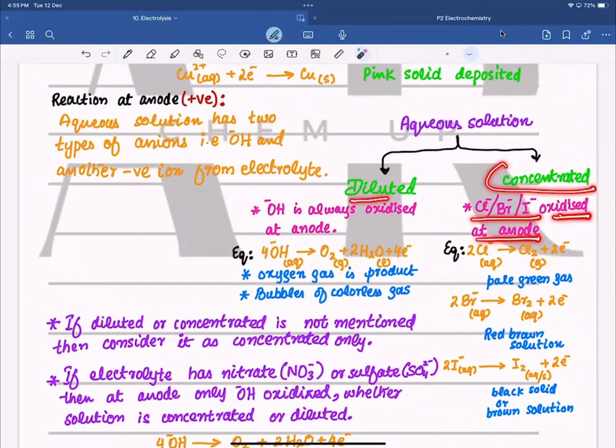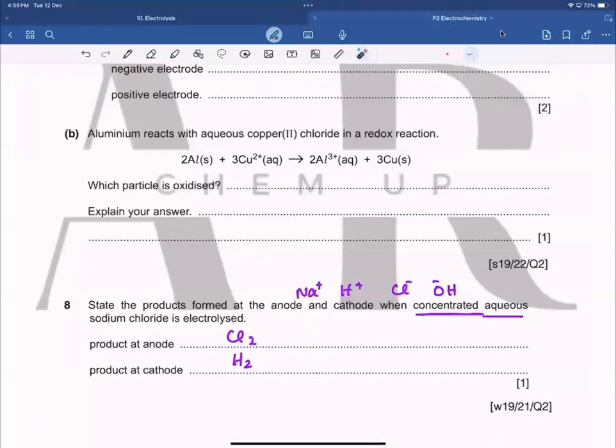If the solution is diluted, then no matter what ion is there, hydroxide ion is always going to oxidize at the anode. Here the solution is concentrated, so not hydroxide but chloride is going to oxidize at the anode. And hydrogen is below sodium, so hydrogen is going to reduce at the cathode, not sodium.